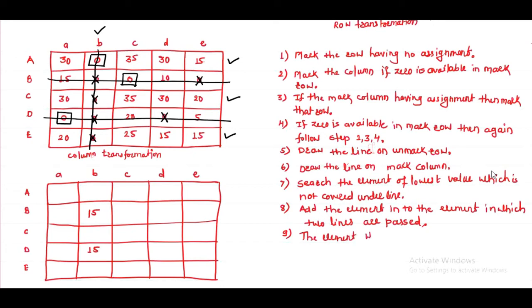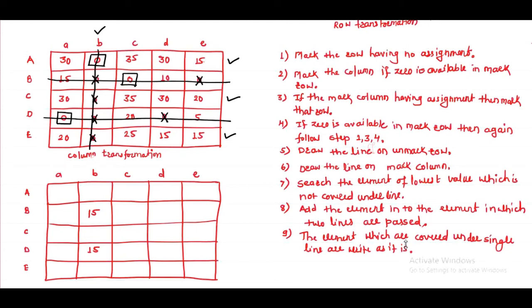which are covered under a single line are written as they are. So the elements which are covered under a single line are written as they are.